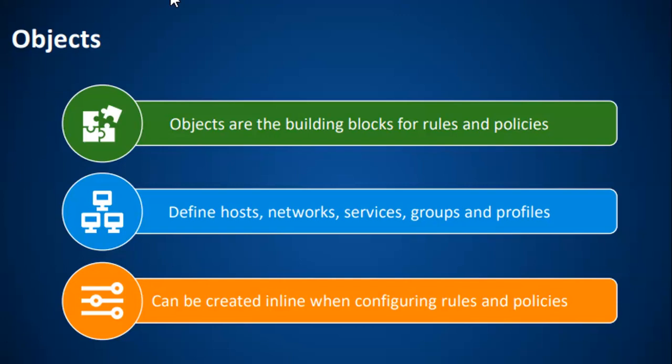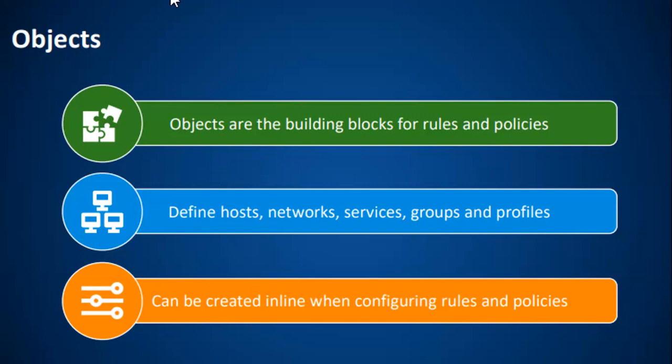Generally, let's say you are doing an IPsec configuration and there are hosts or networks that have to communicate. The source network and destination network we will create with the help of objects. Let's say you want to allow only voice traffic, or only RDP traffic, ping traffic, or SSH traffic.